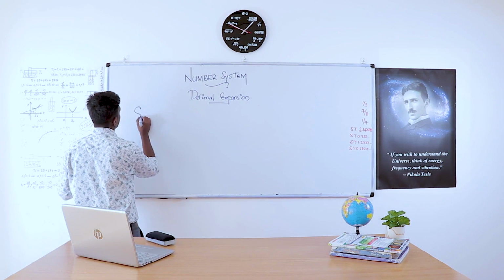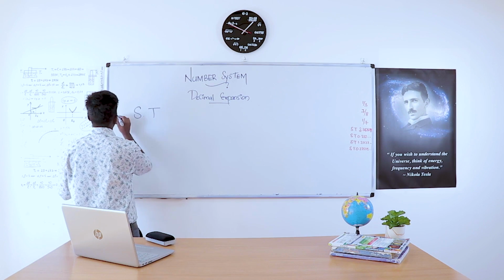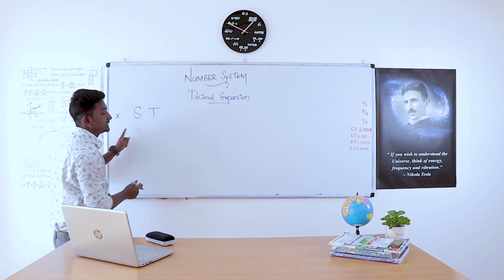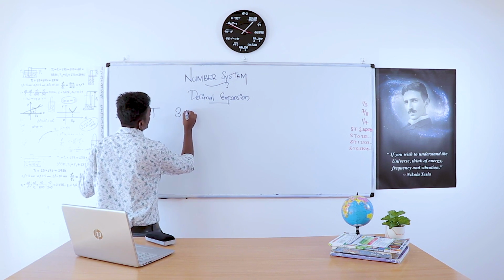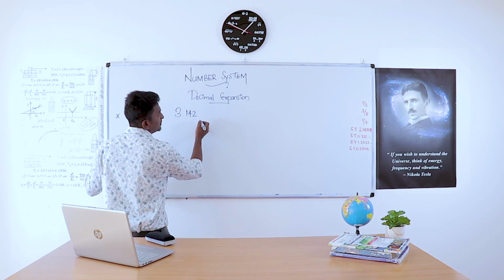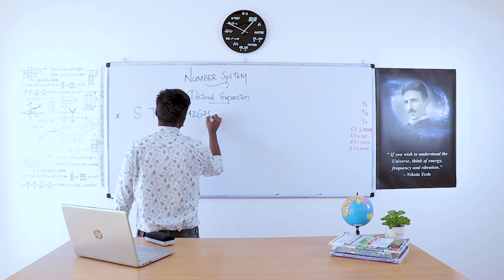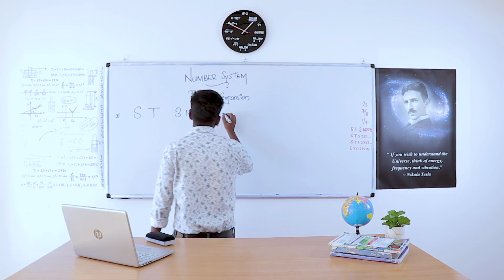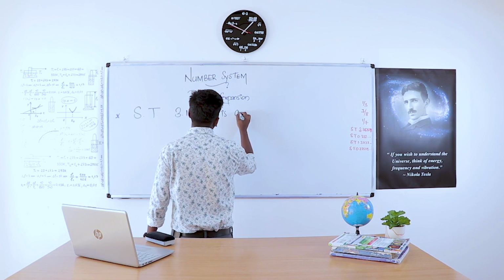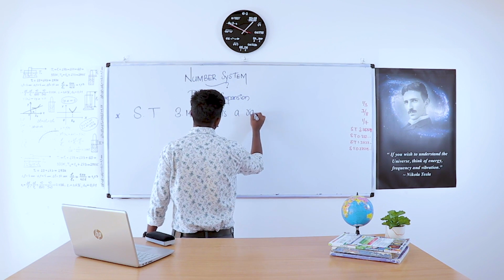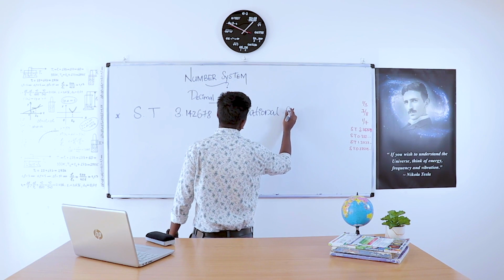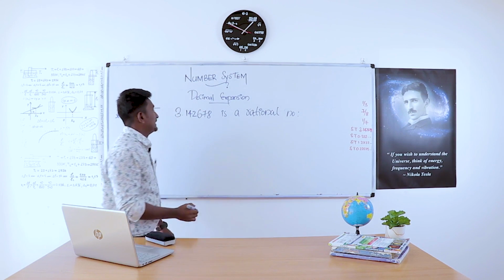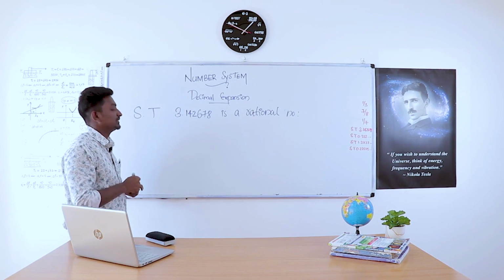First is, show that 3.142678 can be expressed as p by q.